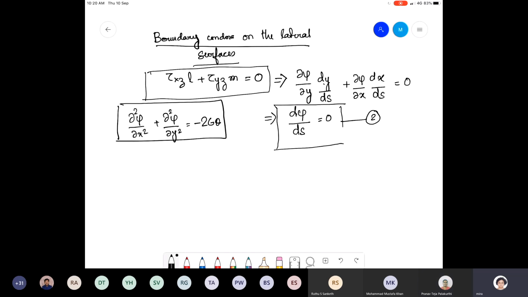It means that the stress function phi has to be constant along the boundary S. Only then d phi by ds equals 0. Now, we can conveniently assume the stress function phi to be 0 on the boundary. That is also going to satisfy equation 2. I can conveniently consider phi equals 0 on the boundary.